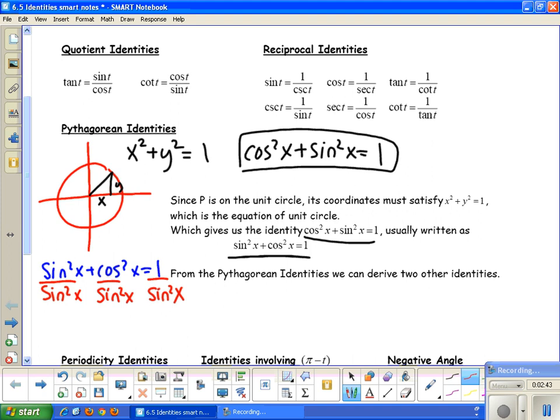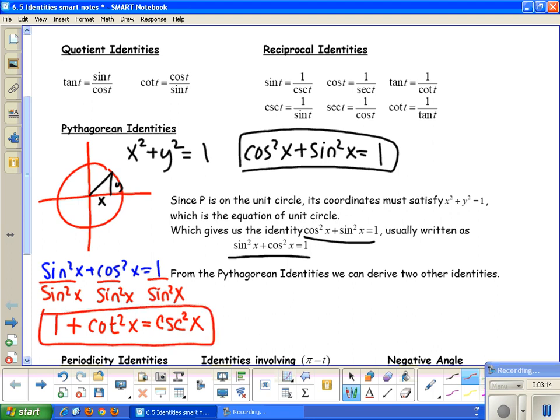Sine squared x over sine squared x would just be 1, plus cosine squared over sine squared x. Well, cosine over sine we know is cotangent, so this would be cotangent squared x equals 1 over sine squared x, which by a reciprocal identity becomes cosecant squared of x. So this is another Pythagorean identity right here.